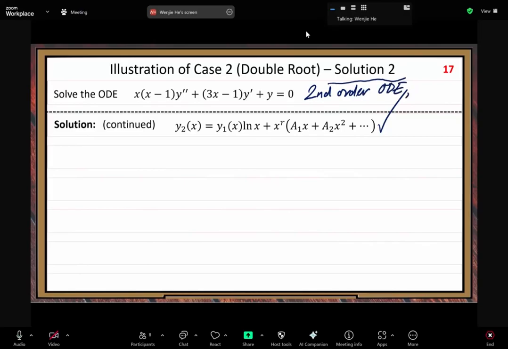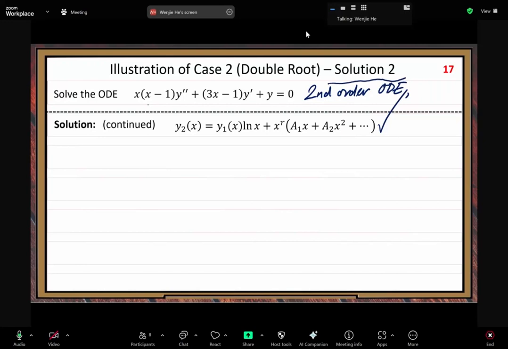In our module 2, we learned the method: if you find the first solution, there is a special method to find a second solution. We call it reduction of order by variation of parameters, remember?